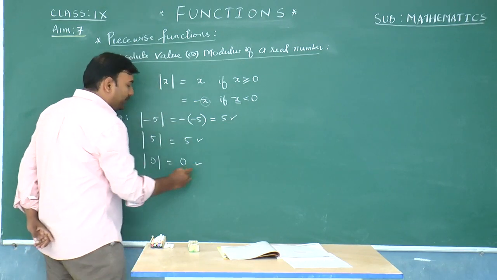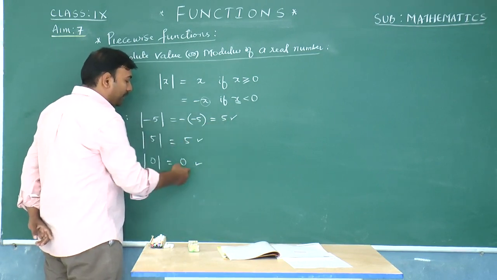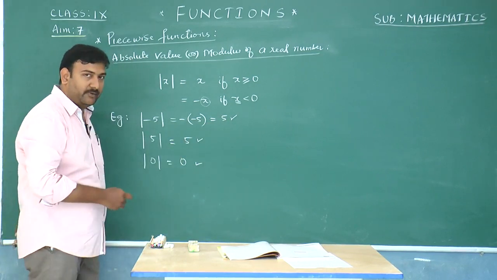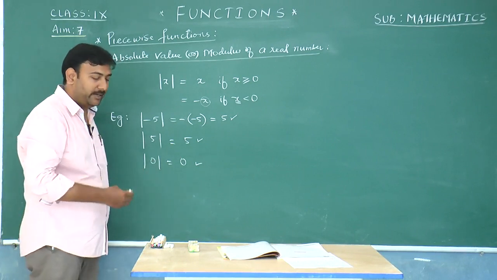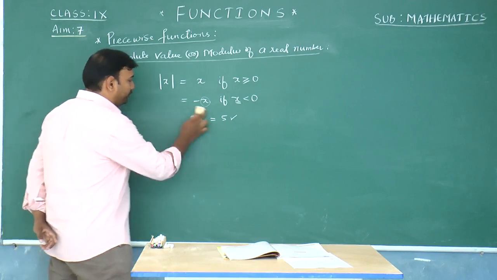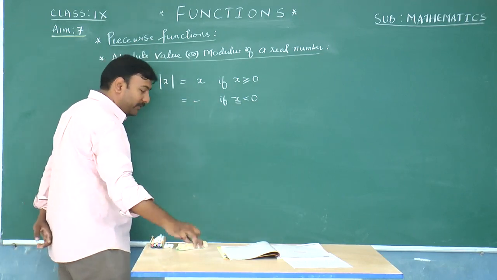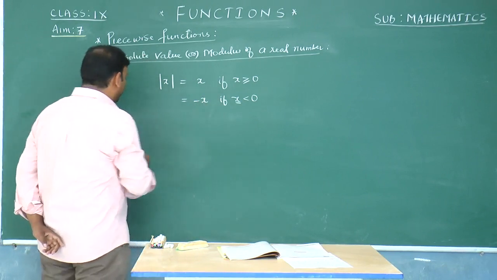If you observe carefully, it can be either a positive value or 0, but the absolute value of a real number is never negative. So the important note regarding the absolute value of a real number is that it is never negative.